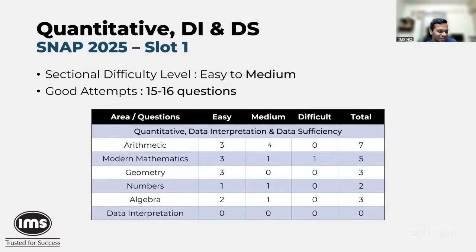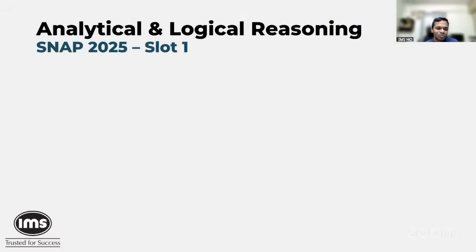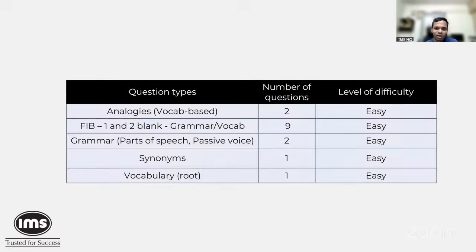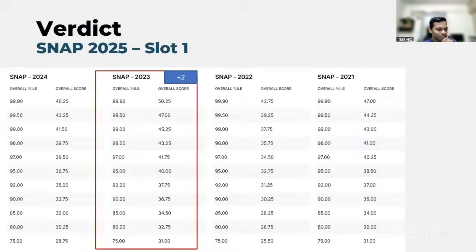But anyway, let's go back to the cutoffs because most of you would be interested in knowing what overall I expect it to be. The problem is that it's an easy paper. The students I met and the other mentors I spoke to, everybody said easy, easy, easy, which means the scores will go up.